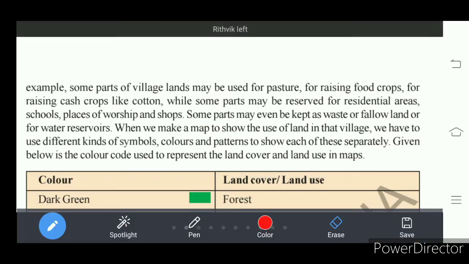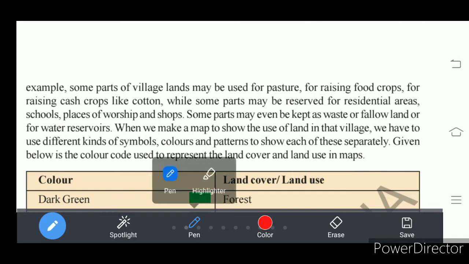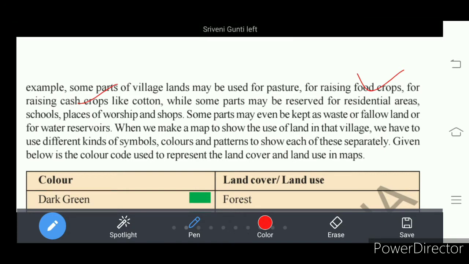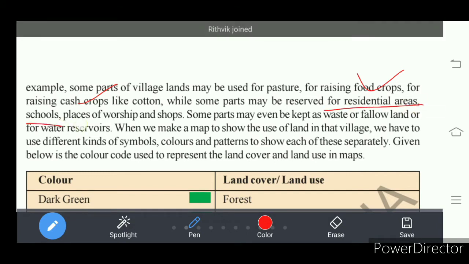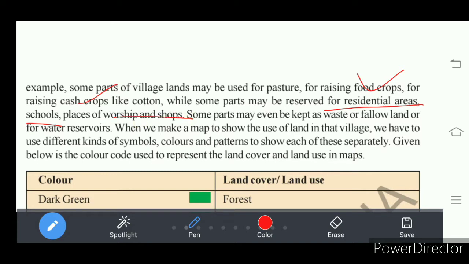Okay, food crops. For raising the food crops we use land. For cultivating cash crops, right? Some land is used for residence of the people, schools, work, places of worship, temples and shops. And some land is used for storing the water, what we call water reservoirs, tanks.